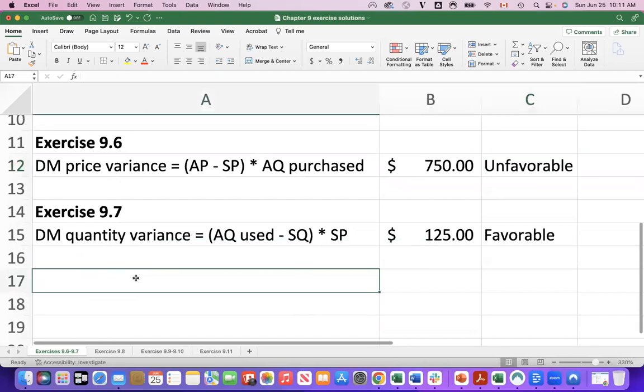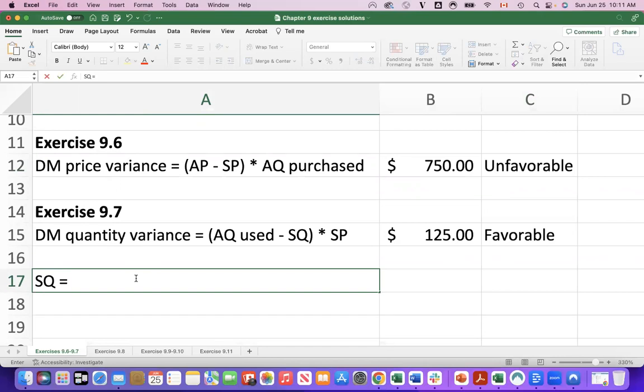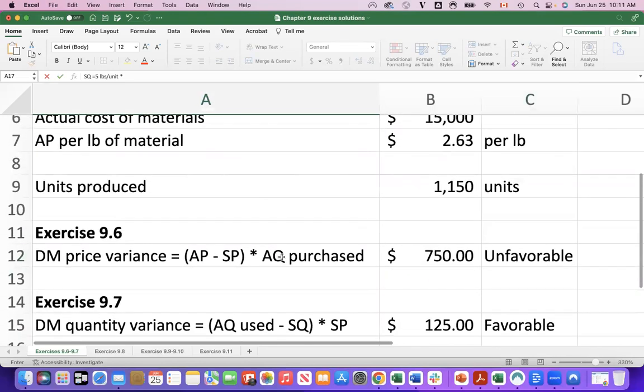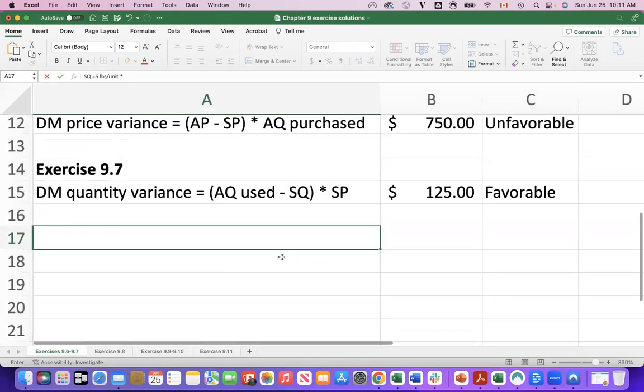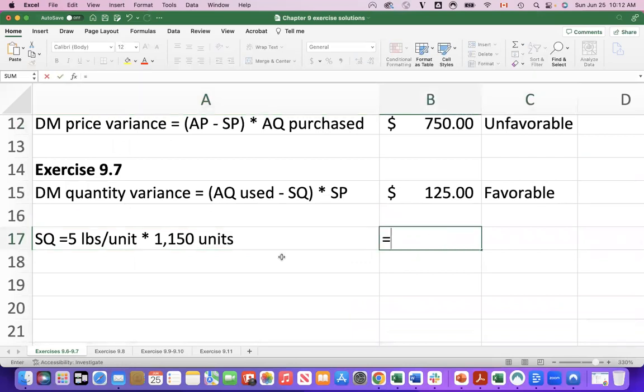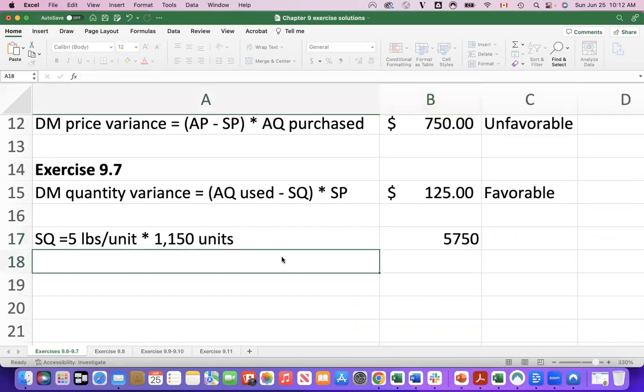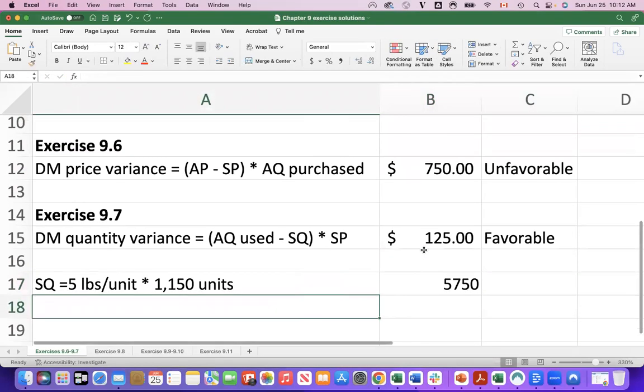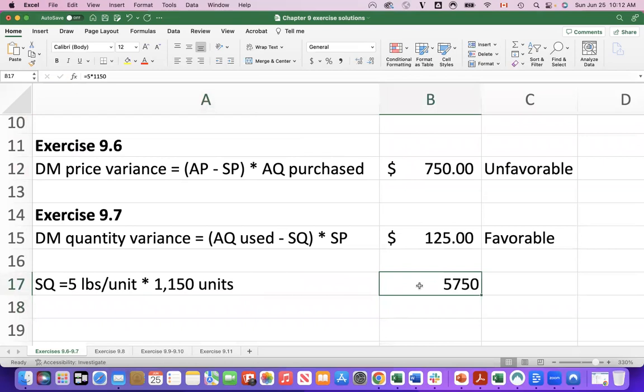So standard quantity in this case is the standard amount per unit, which is 5 pounds per unit, and we multiply that by the amount of units that we produced, which is 1,150 units. If you do the math, 5 times 1,150, we would have expected to use 5,750 pounds of material.